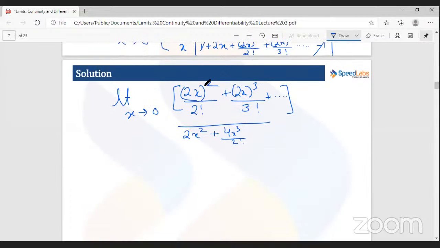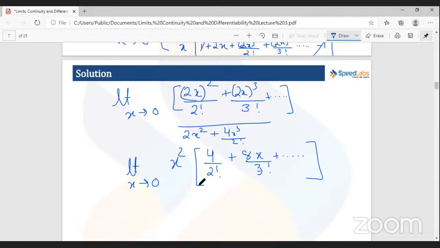Now I can take out x square common. So inside we get x square, 4 upon 2 factorial plus 8x upon 3 factorial and so on, because in every term x will come, x will become 0, so it will get cancelled. And in the denominator it is 2 plus 4x upon 2.